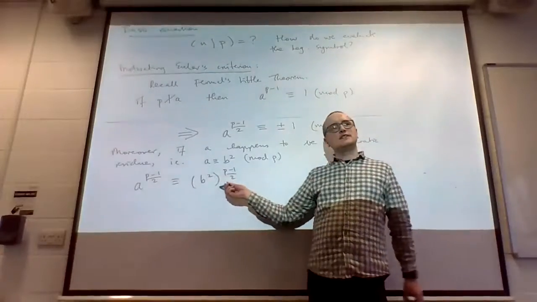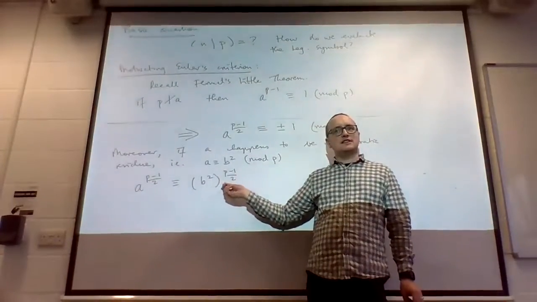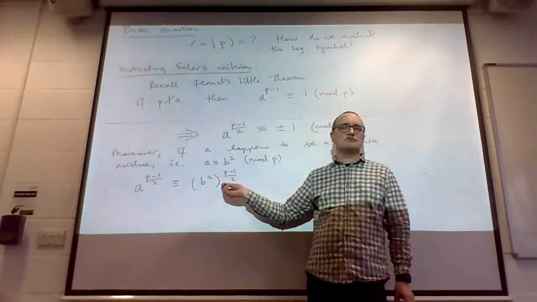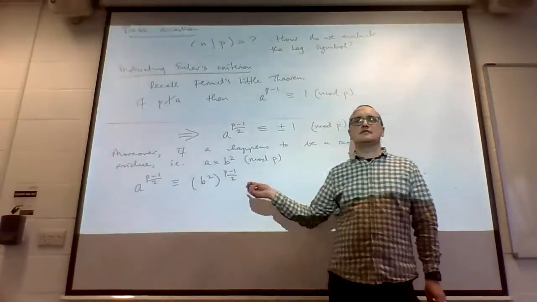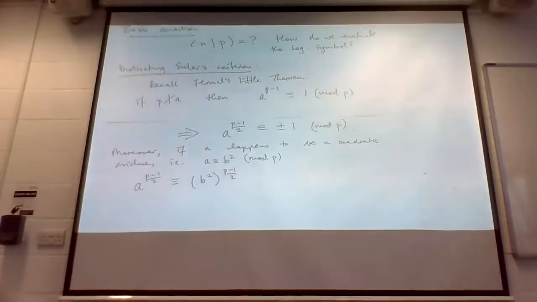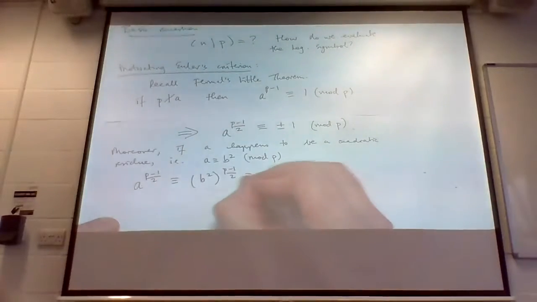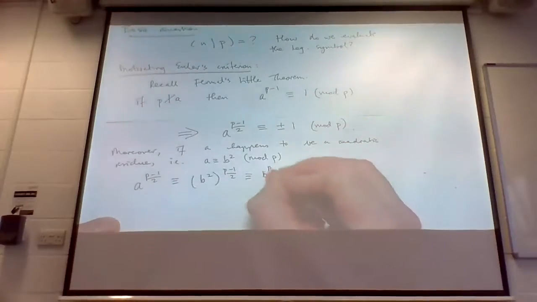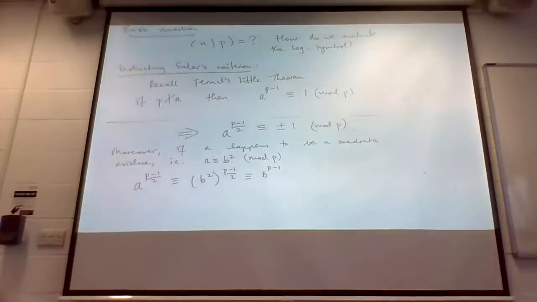And a simpler way to write this on the right-hand side: when you multiply the exponents, the 2's cancel, so it's b to the power of p minus 1.